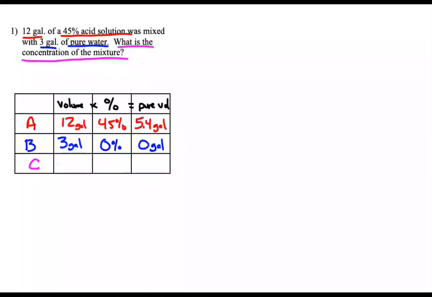If you take 12 gallons of stuff and add it to 3 gallons of stuff, you're going to end up with 15 gallons of that new mixture. If you take 5.4 gallons of pure acid and add 0 gallons of acid, you're still going to have just 5.4 gallons of acid.